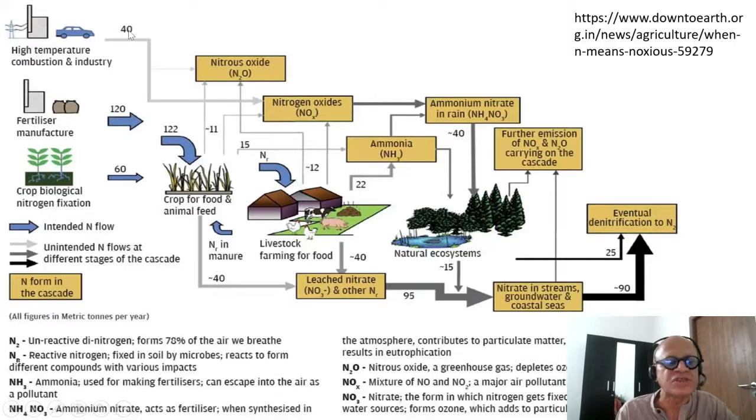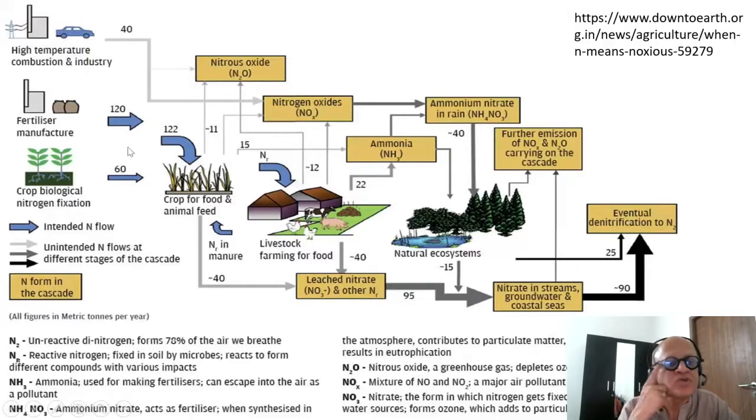The numbers here are in metric tons per year, so 40 goes into what we call NOx, which obviously goes into ammonium nitrate in rain and then creates acid rain and so on, and ends up in nitrate streams, groundwaters, and coastal seas, and then eventually back through denitrification into dinitrogen.